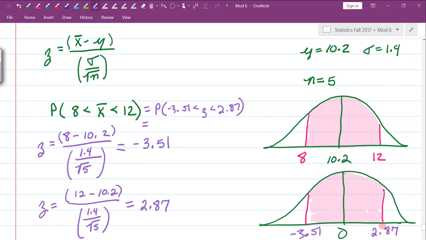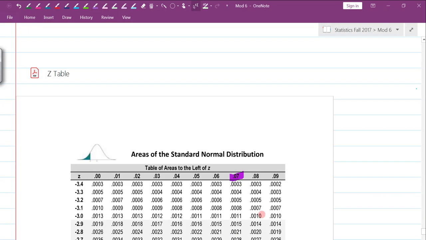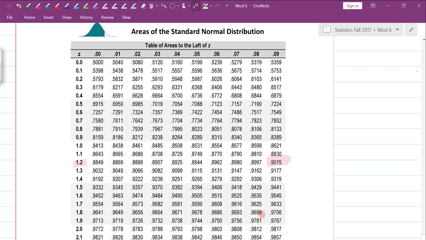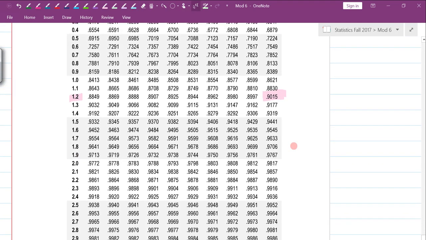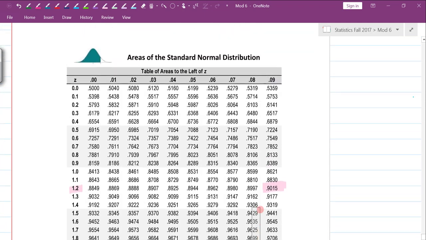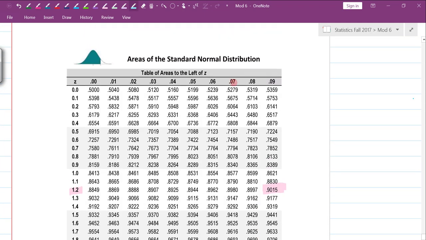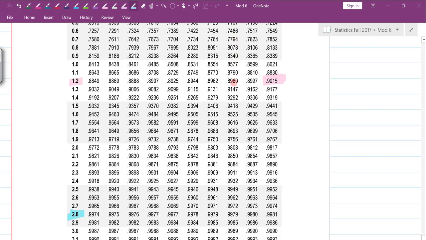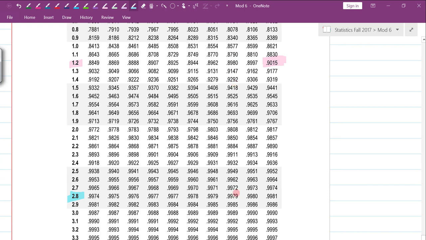Well, let's look it up. 2.87 is going to be somewhere in here. So got to go even further. 2.8, and then 7 is right here. So 7 is right there. So that's 0.9979. So 0.9979.